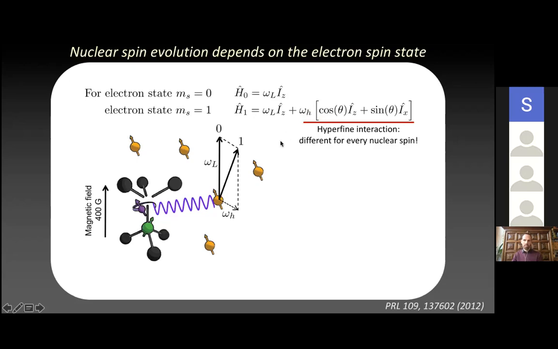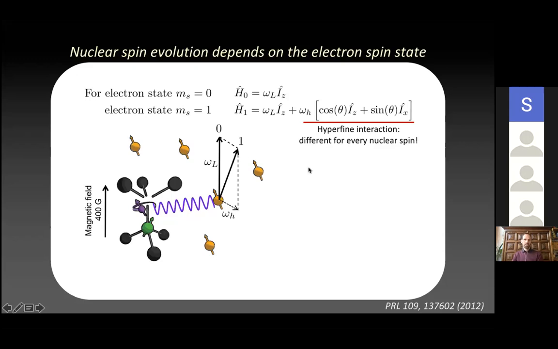This hyperfine interaction is very different for each nuclear spin, because it depends on the distance and the angle of the axis between them compared to the quantization axis. So every nuclear spin will have a different extra rotation axis due to this hyperfine interaction, and we drew that here as an extra arrow. If the electron is in m1, the nuclear spin will rotate around a different axis, at some angle and with a different strength.